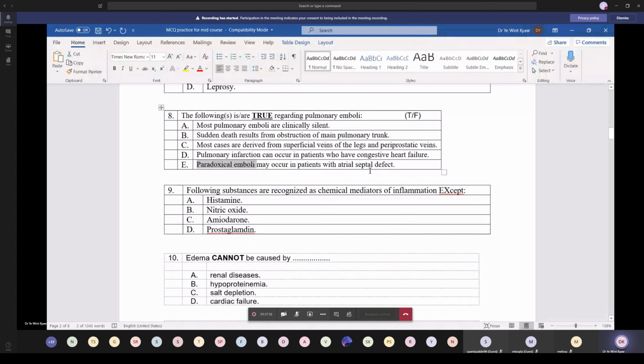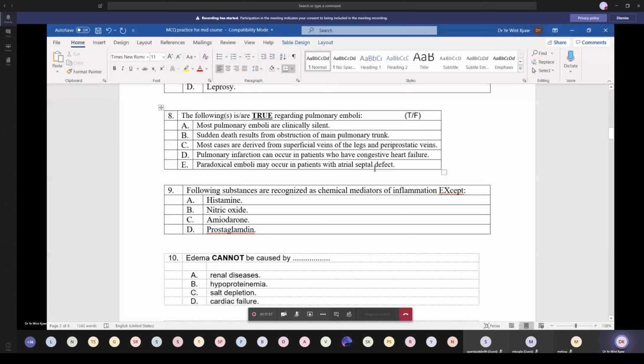They will not arrive in the pulmonary circulation. If there is a septal defect, a thrombus from the left can transfer to the right. Sometimes they can deviate the route. Usually left heart, because right heart emboli can enter the pulmonary also sometimes.